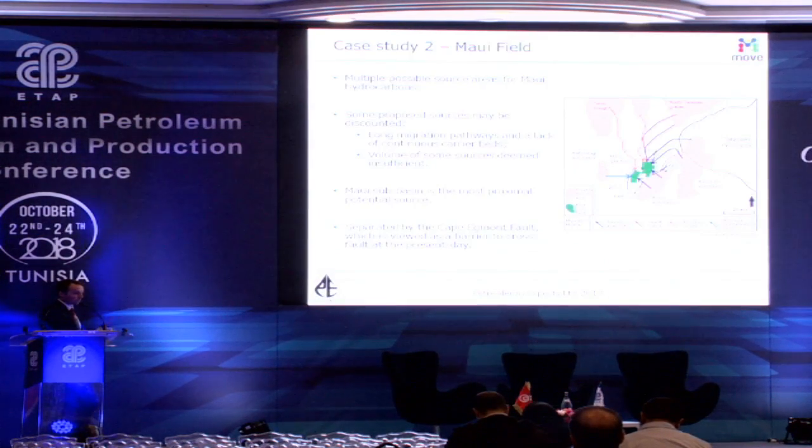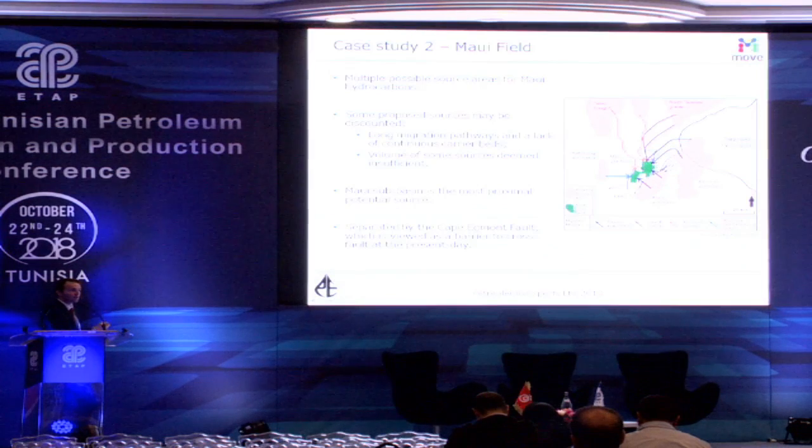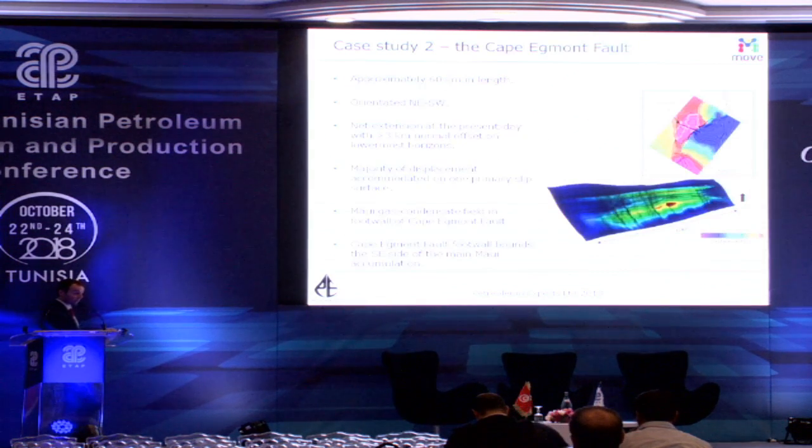And there's problems with some of them. The closest source area is just right on the other side of the fault, which is the Maui source area. But for a long time it's been believed that the fault acts as a seal, so the hydrocarbons can't get across it, because there's been some work done on whether or not the fault is sealing.